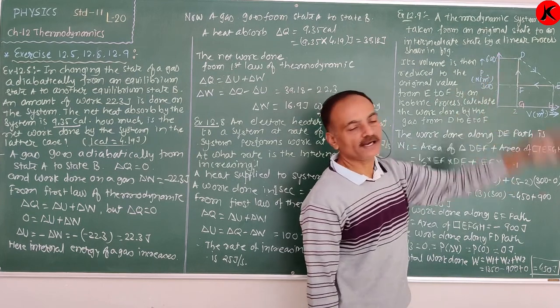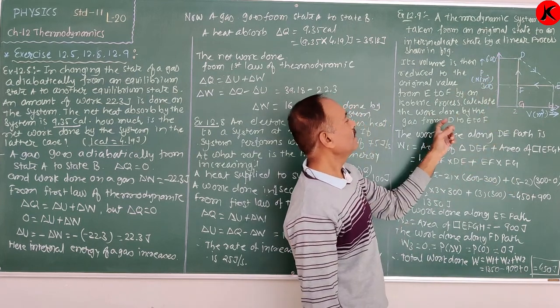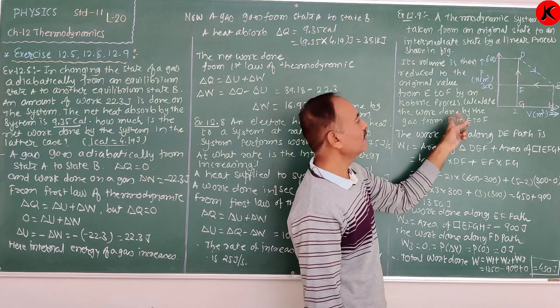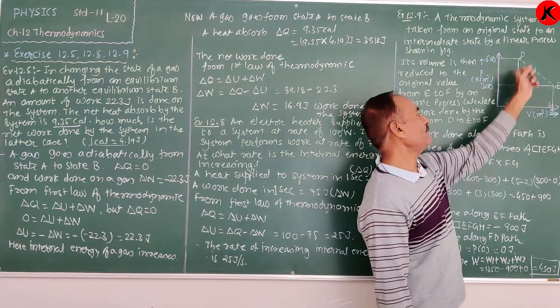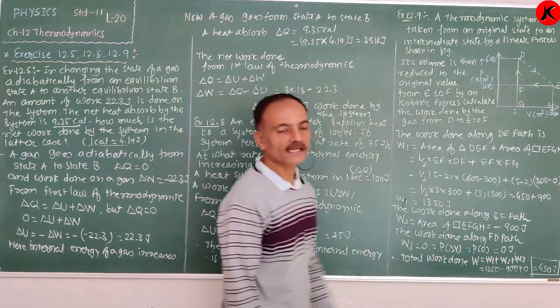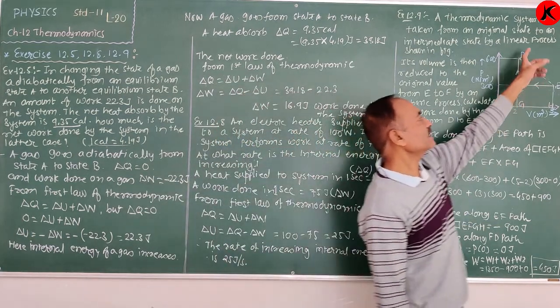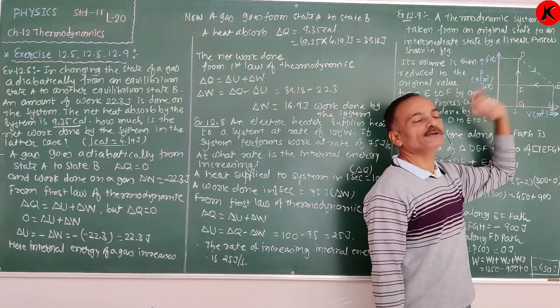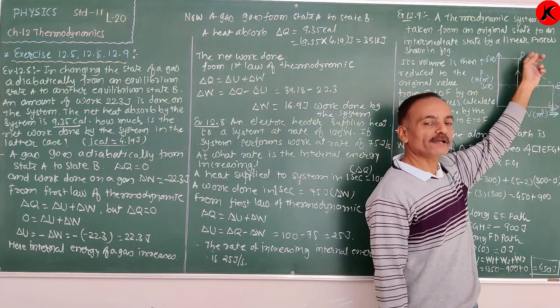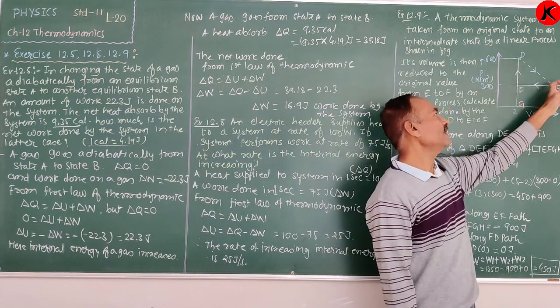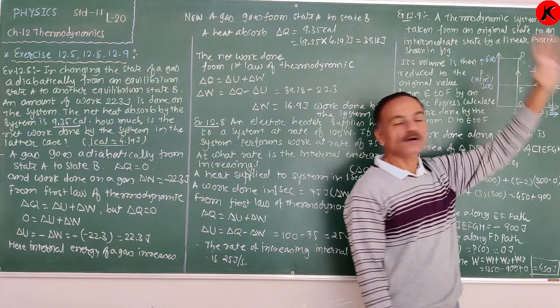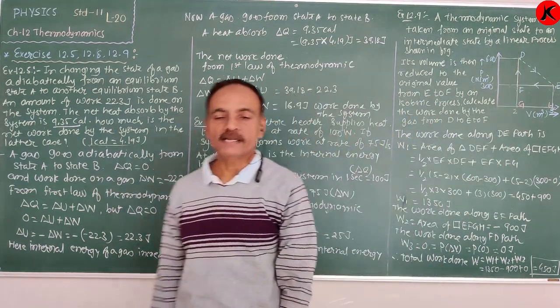Calculate the work done by the gas from D to E, E to F, F to D. First we calculate the work done along the path D to E, then E to F, and then F to D.